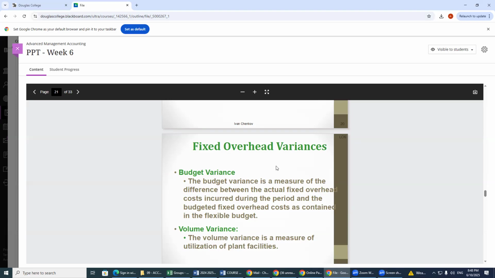The question is, what will be my budgeted hours that I'm going to use, based on the actual usage of my employee, in order to come up with the predetermined overhead rate? So you can see, based on my standards, I'm supposed to use 1,950 hours.